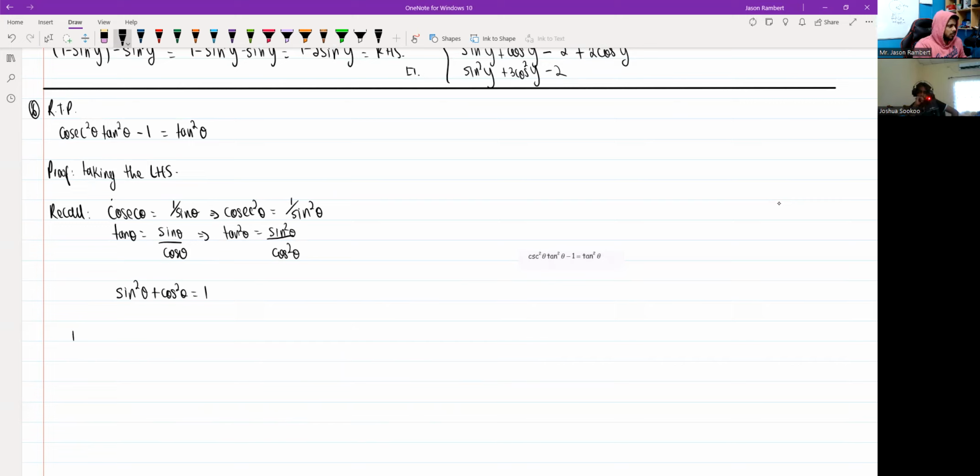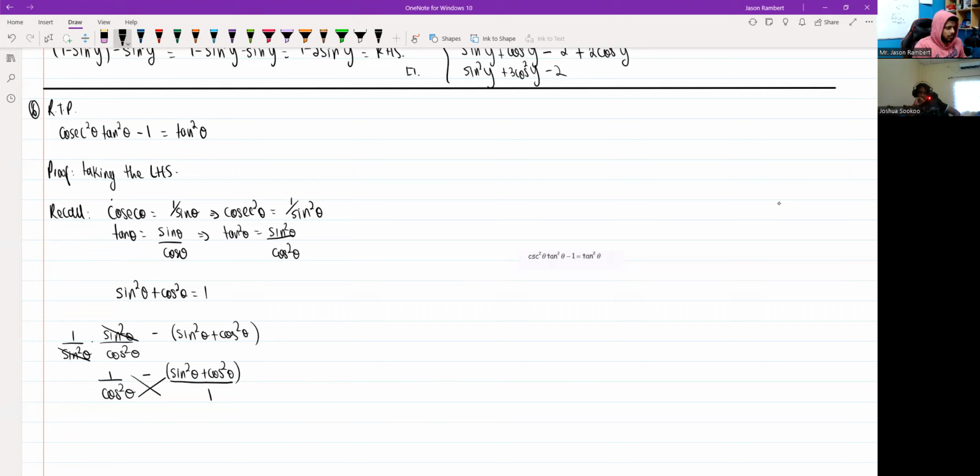So you would have had 1 over sine squared theta multiplied by sine squared theta over cosine squared theta minus sine squared theta plus cos squared theta. Yeah? You see this could cancel with this, and I get 1 over cosine squared theta minus sine squared theta plus cosine squared theta all over 1.